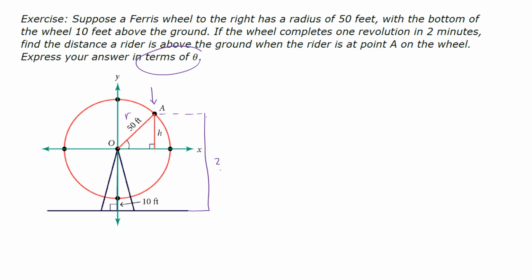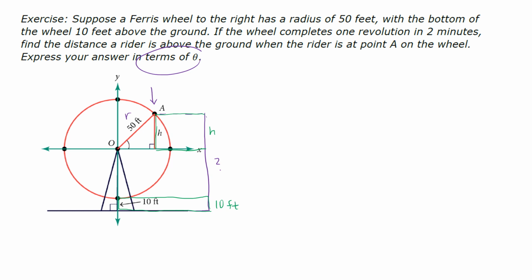The first one I see is h. This height right here is h. The next height, right here at the bottom, is the 10 feet. That's the distance from the bottom of the wheel to the ground.